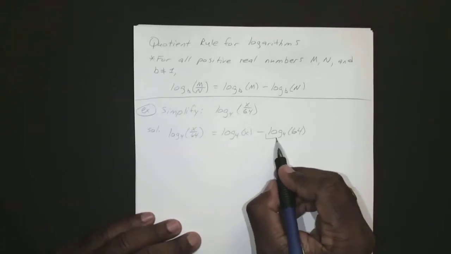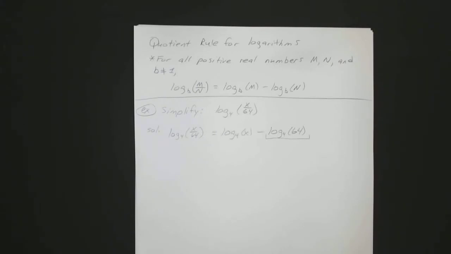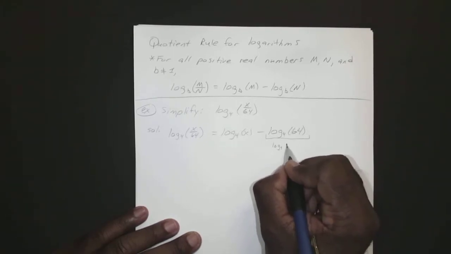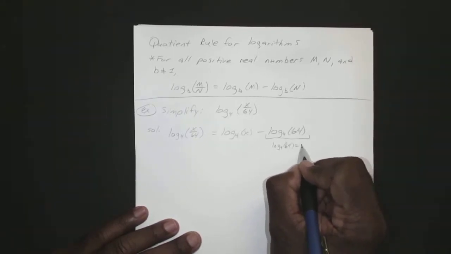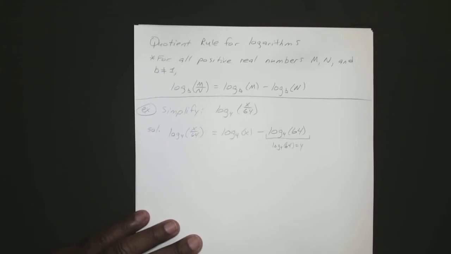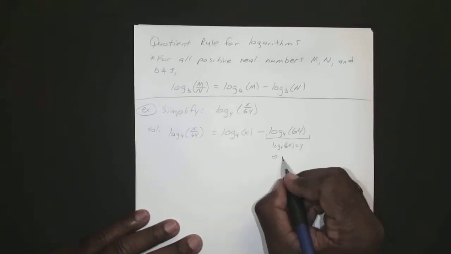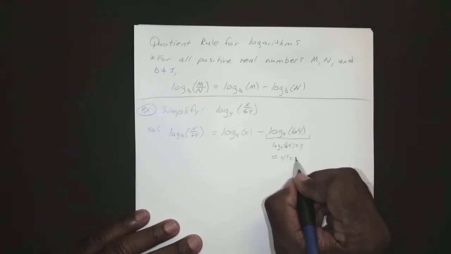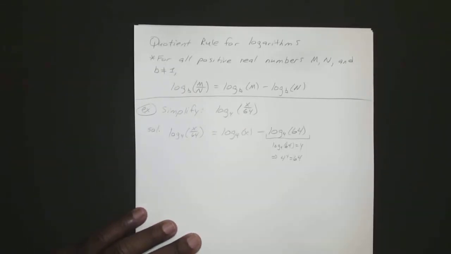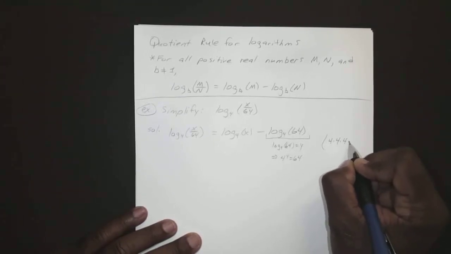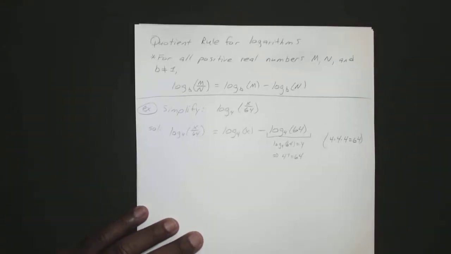Okay, and this one actually can be simplified. Okay, so if we make log base 4 of 64 equal y, then that means 4 to the power of y equals 64. Okay, and we know that 4 times 4 times 4 is 64.